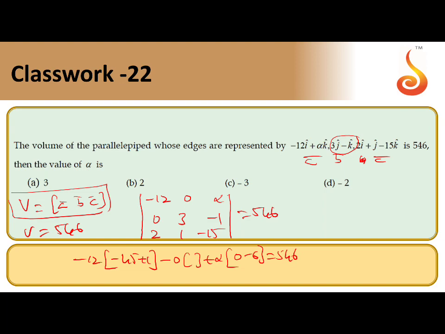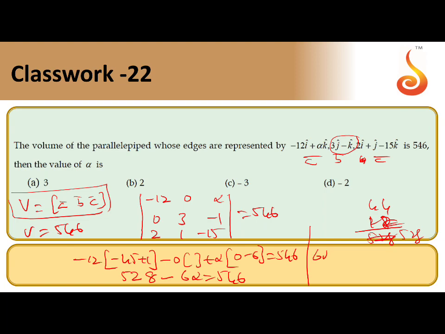Minus 12 into minus 44 is 528. Sorry, it is 44 into 12, so 528 comes here. Next 0. So minus 6 alpha equals 546.